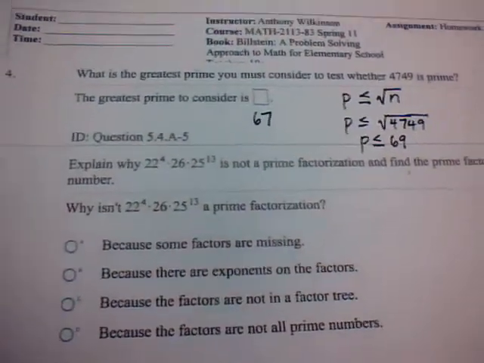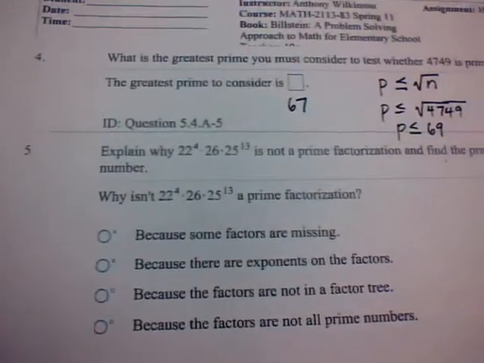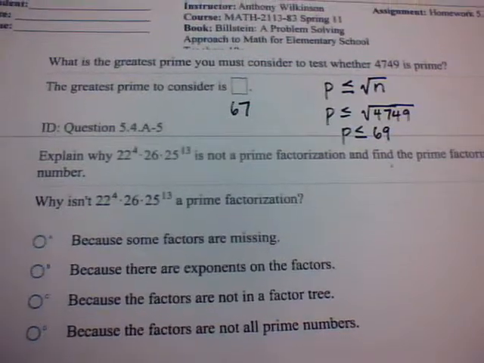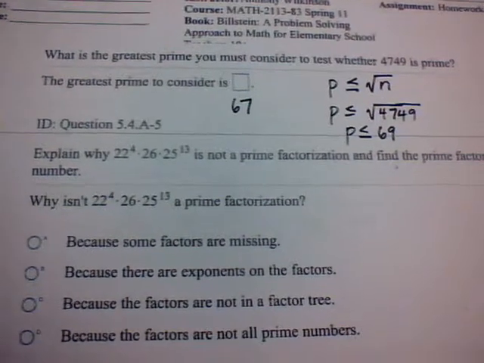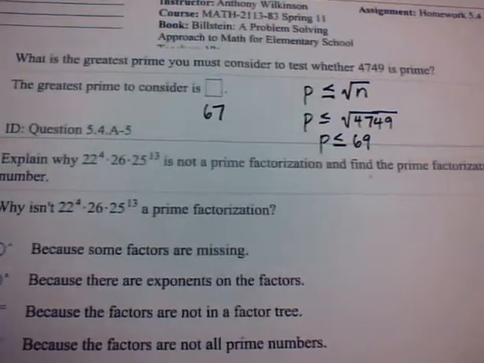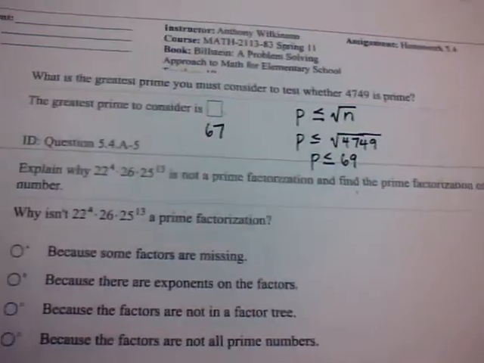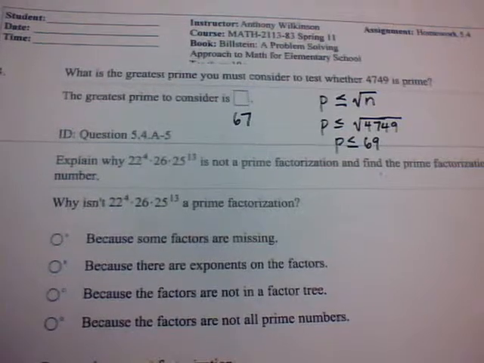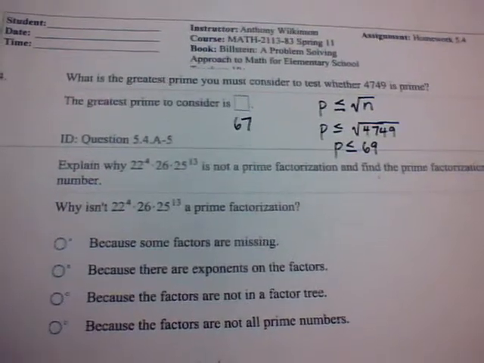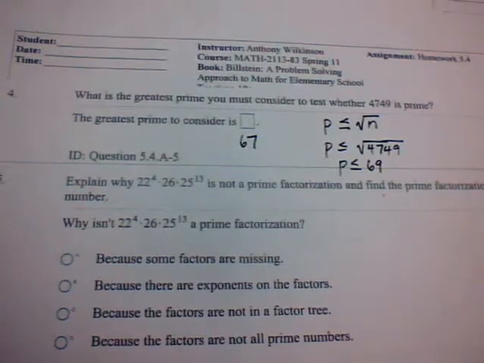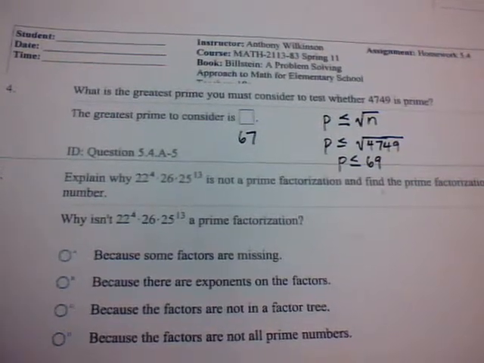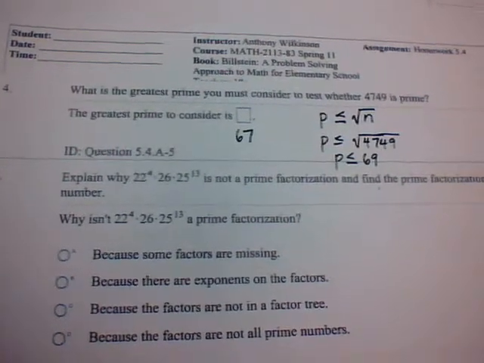And then, number 5, explain why 22 to the 4th times 26 times 25 to the 13th is not a prime factorization, and we want to find the prime factorization of the number. So, let's answer the first part. Why isn't 22 to the 4th times 26 times 25 to the 13th a prime factorization?